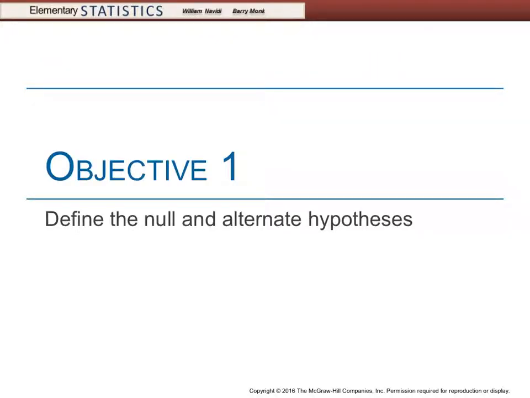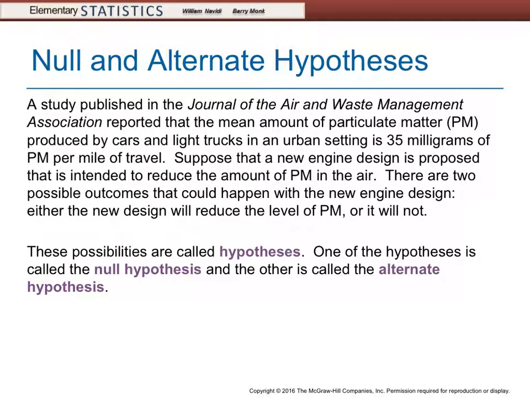Objective 1, we're going to define the null and alternative hypothesis. A study published in the Journal of Air and Waste Management Association reported that the mean amount of particulate matter produced by cars and light trucks in an urban setting is 35 milligrams of particulate matter per mile of travel.